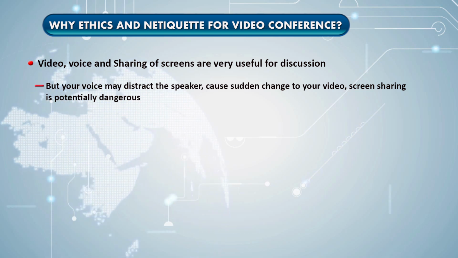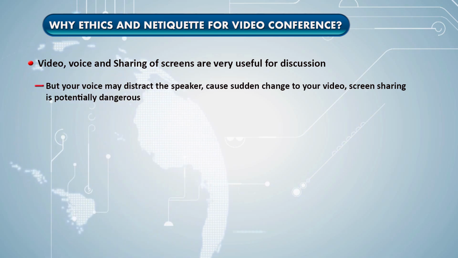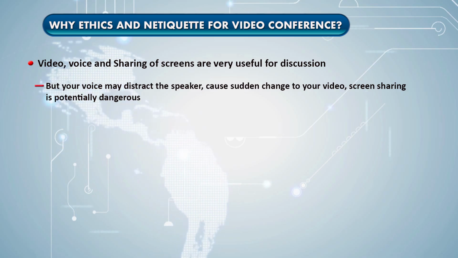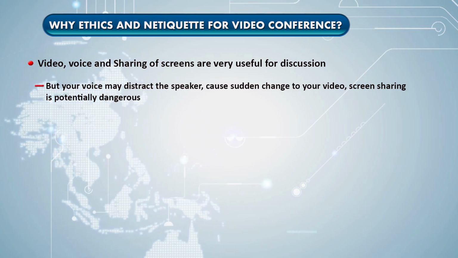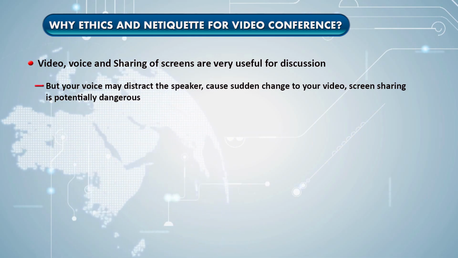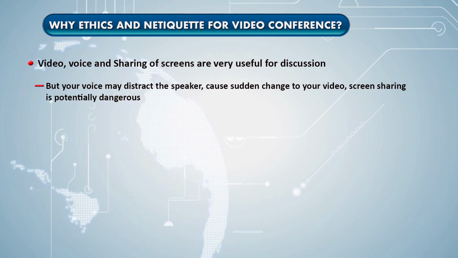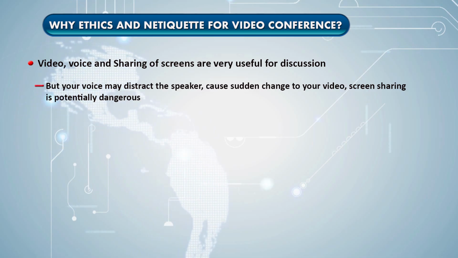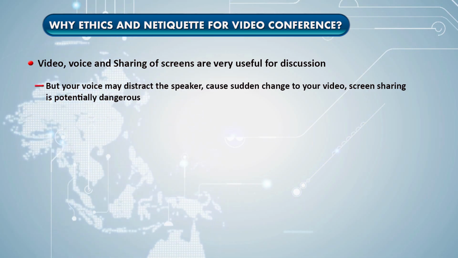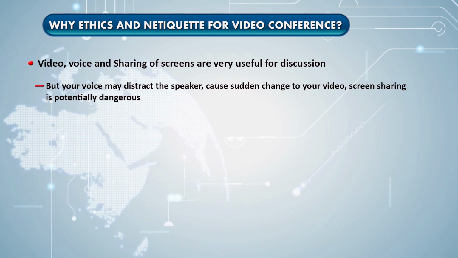So basically causing changes in your video screens, right? And screen sharing sometimes can be dangerous, and it should be avoided to whatever extent possible. It can be there within the friends, okay, but when a teacher is presenting, then others are not allowed to share screen.